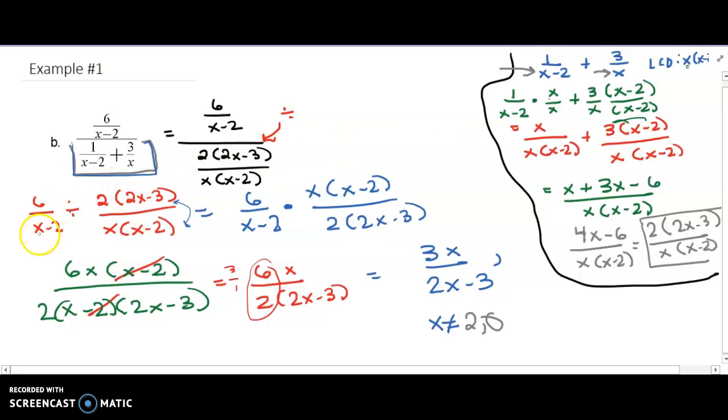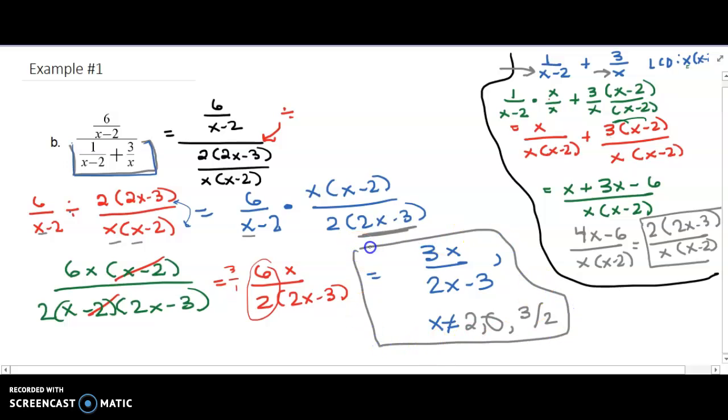When I flipped it, my numerator became the denominator. Right here, 2x minus 3 is 0 when x is 3/2, so my x cannot equal 3/2 either. So this right here should be my final answer. Make sure you have all 3 domain exclusions.